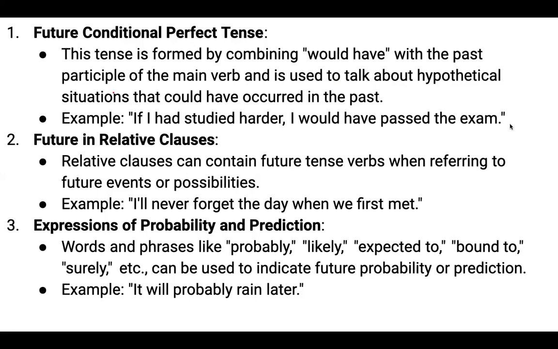That's what it tries to tell us. It is about the conditional rule: if the if-condition is in the past perfect, then the main clause becomes the past tense of the future, "would have."